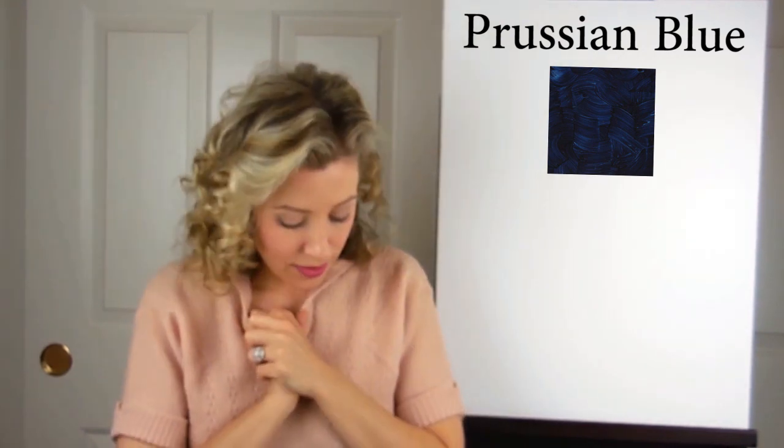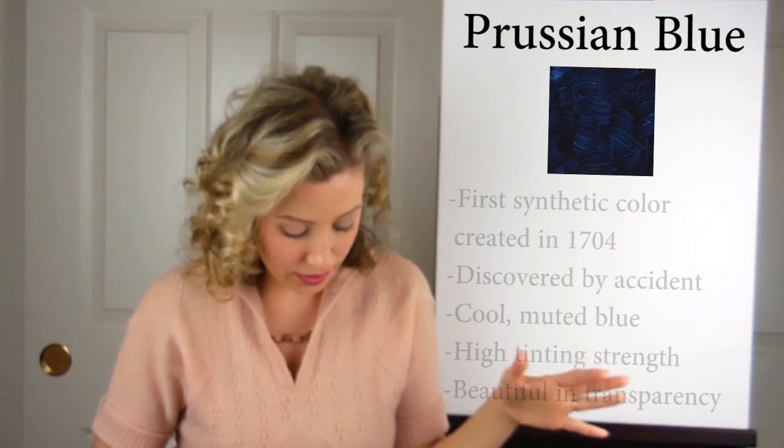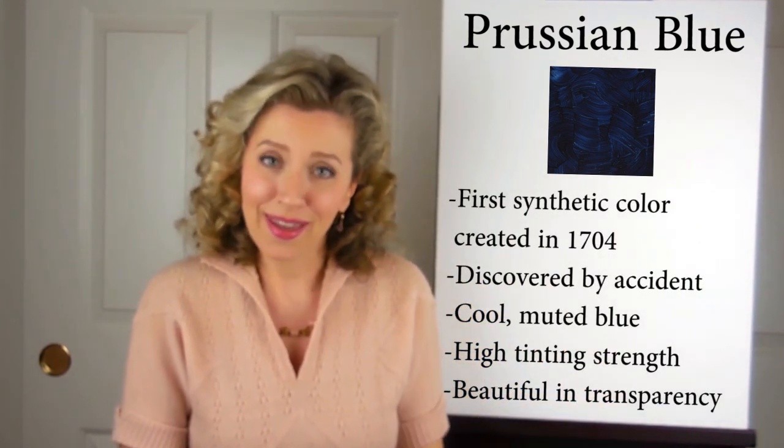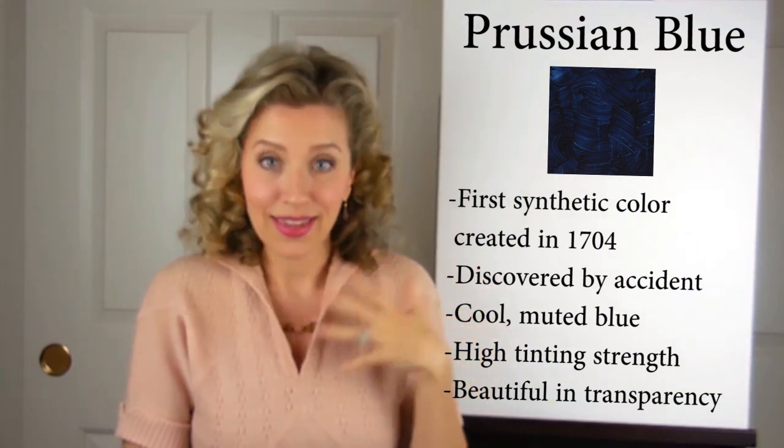So, like if you think about burnt umber, that was created in Umbria, Italy, and burnt siennas were created in Siena. So you can see that the Prussian blue was made in Berlin, and thus Prussian. While the chemist was actually trying to formulate artificial crimson, the happy accident of this blue came to be.